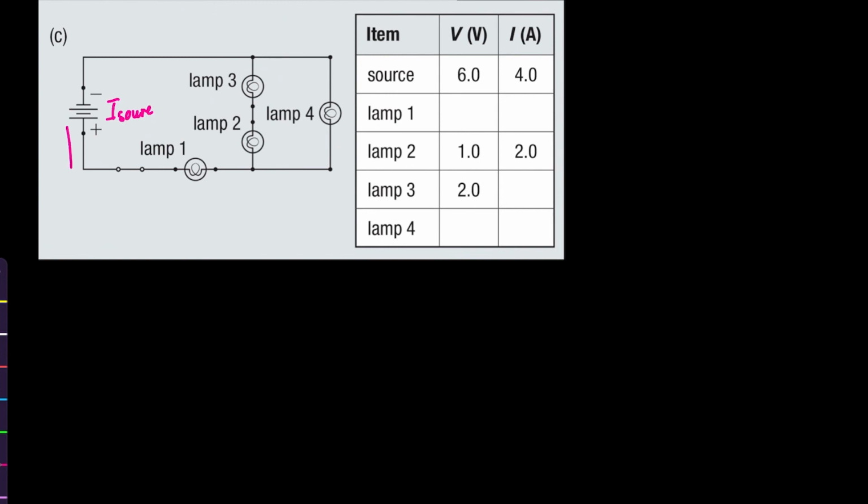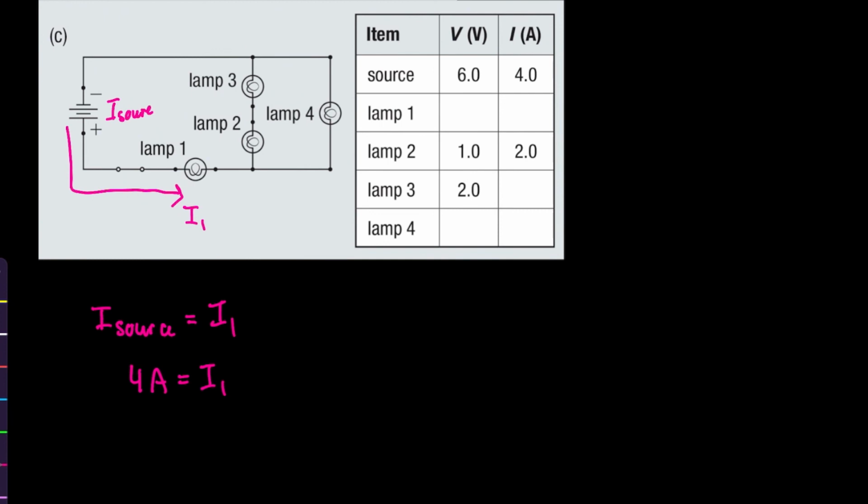and is the conventional current, so it's going from the positive terminal, and it first encounters the voltage drop at lamp 1, but since these two are connected in series, they should be equal to one another. And if we look at our table, we're actually given the current at the source, which was 4 amps.